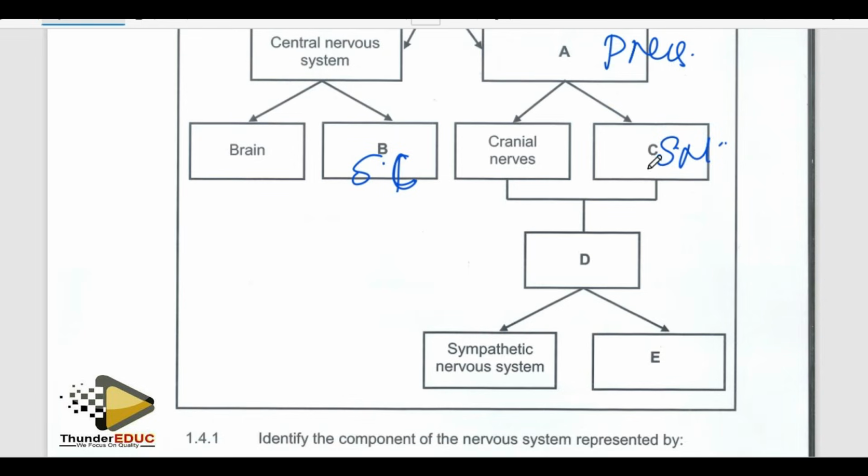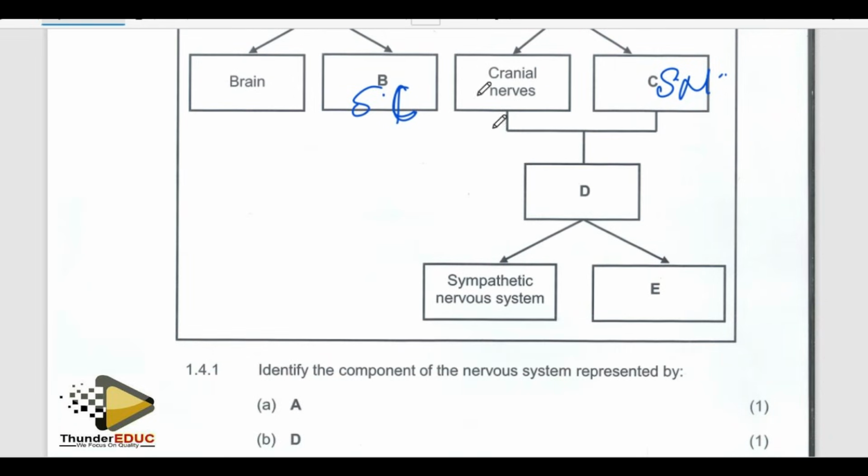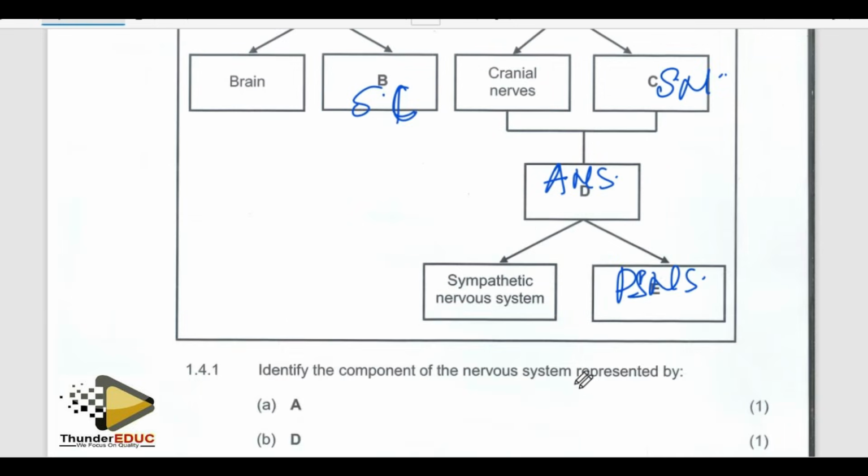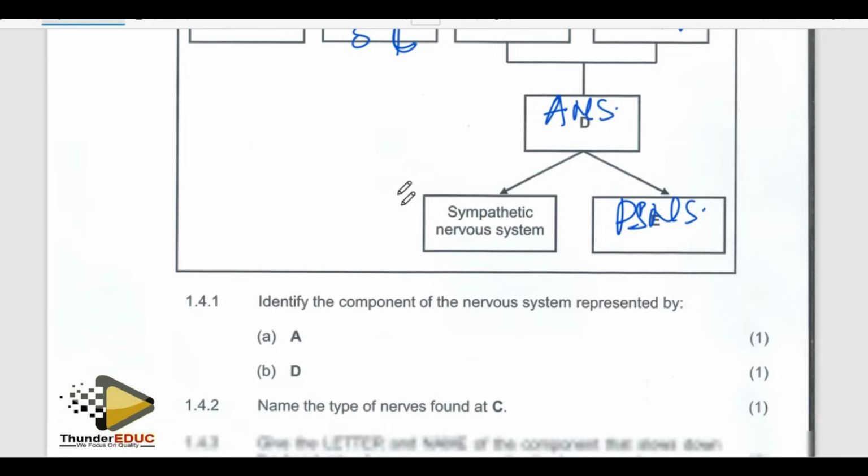These two, they form what you call autonomic nervous system. Autonomic nervous system divides into two, either sympathetic nervous system or parasympathetic nervous system. So now it's covered. Let's go to the questions and find out. All right, let's continue and find out.